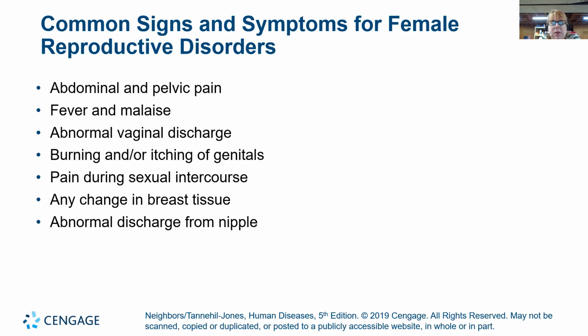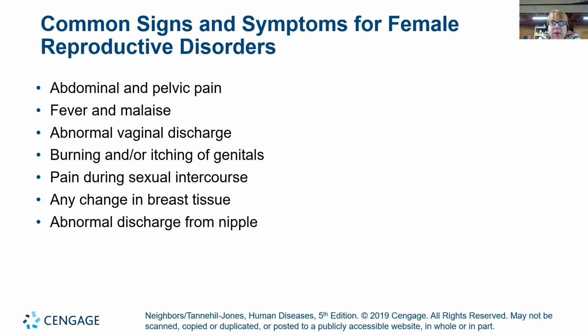So for females, most of the time, the signs and symptoms of their reproductive system, the first one, of course, will almost always involve abdominal and pelvic pain. When we talk about the pelvic floor, it means they will tell you it feels like something is pushing down between their legs.